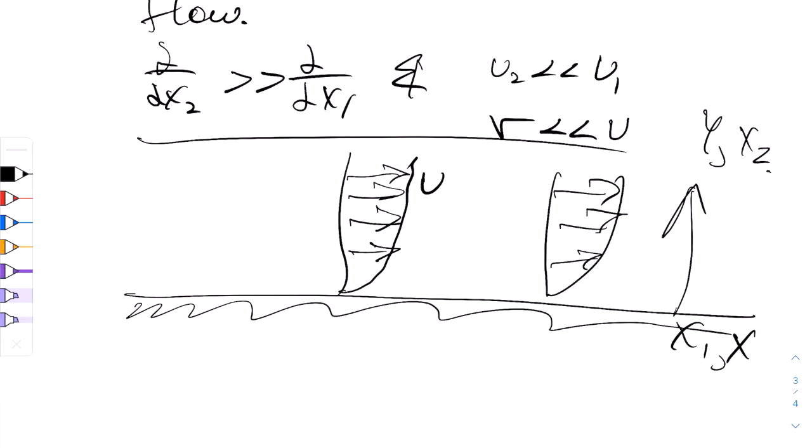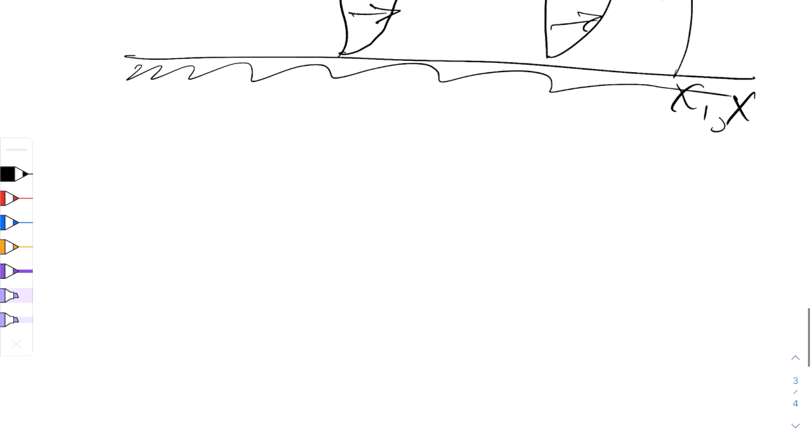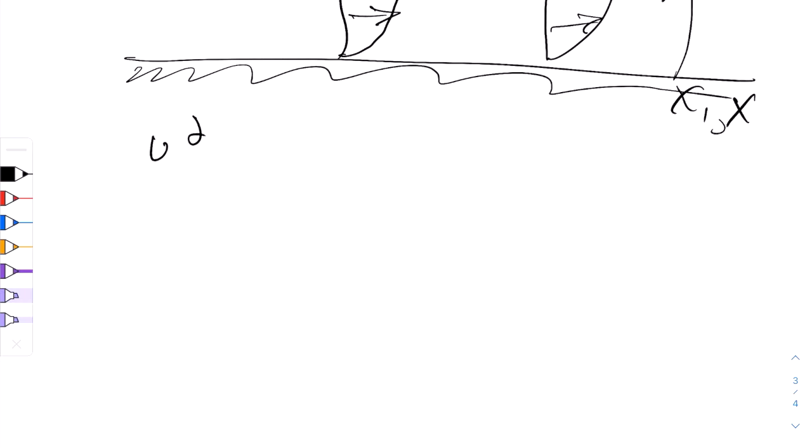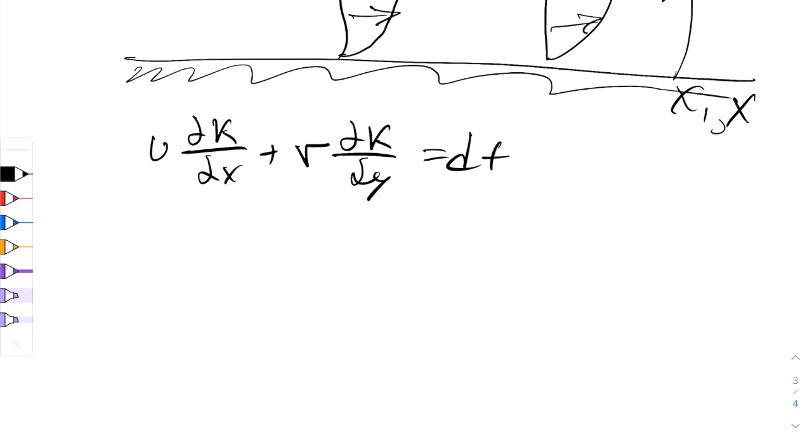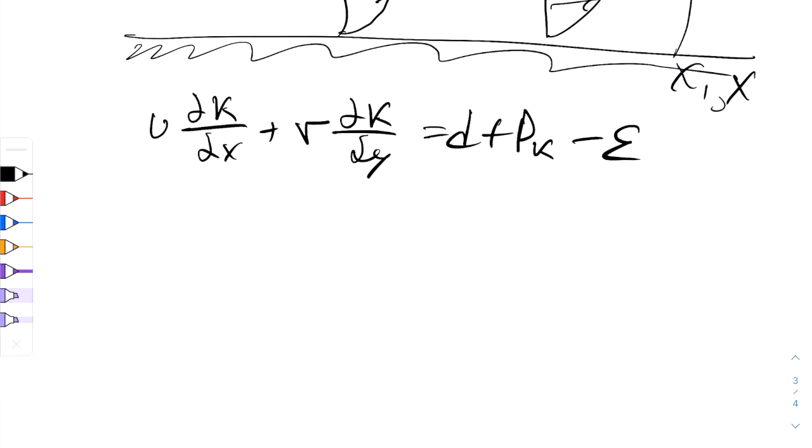So now equation 19 with these assumptions will be reduced to u partial k partial x plus v partial k partial y is equal to D plus Pk minus epsilon. And what are these two quantities? Well, what is D? We'll call this equation 20.